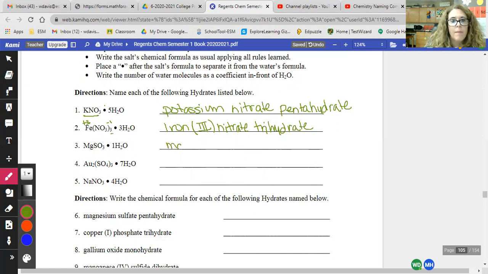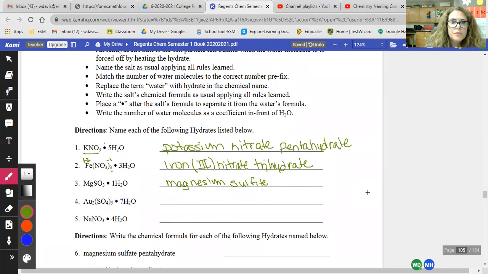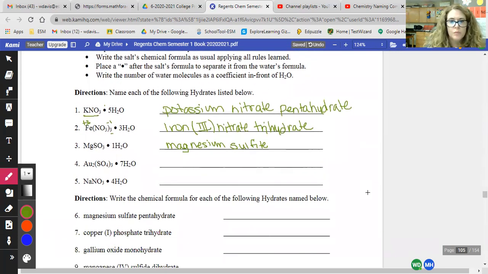And now I have magnesium. And then SO3 is sulfite, right? So magnesium sulfite, and then monohydrate, sorry, because prefix mono means 1.